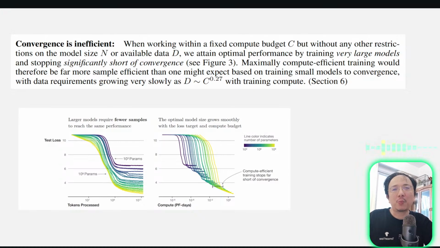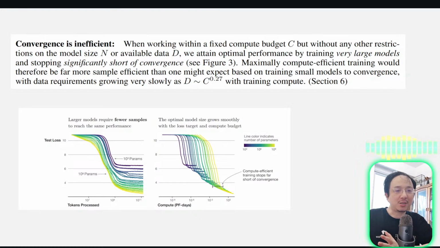So it will be cheaper to train a large model with a short training time, compared to a smaller model with a longer training time.